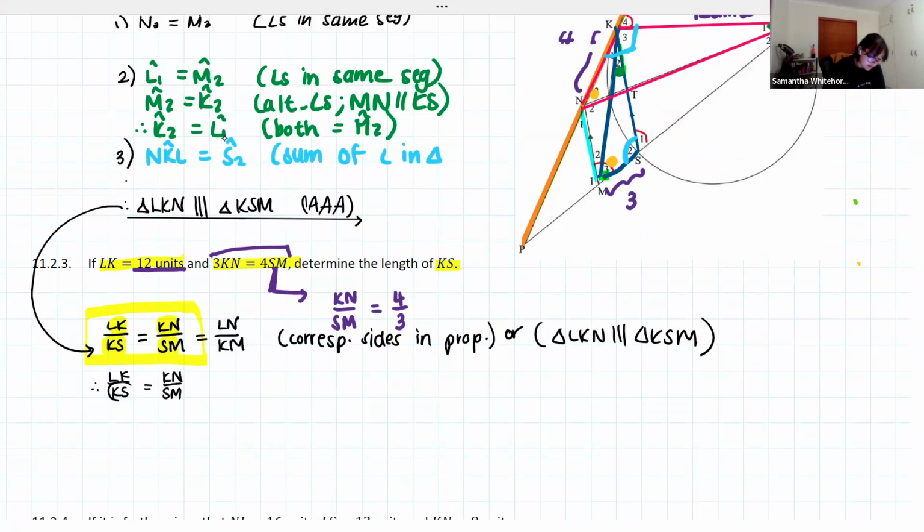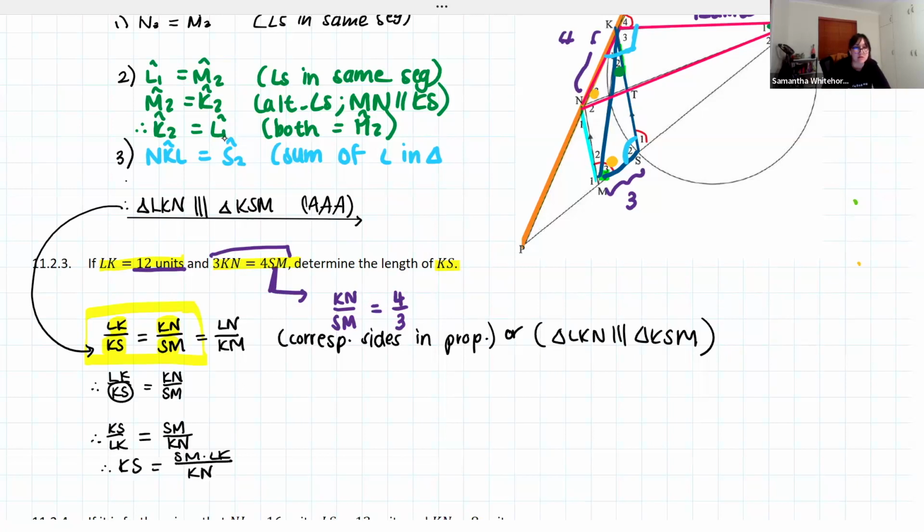Bearing in mind, I'm looking for KS. Now, KS is in the denominator, which is not an ideal situation, but remember, these ratios you can just flip. So this can flip to be KS over LK, but then remember to flip the other fraction, SM over KN. And now if we want KS alone, KS would be equal to SM times LK over KN.